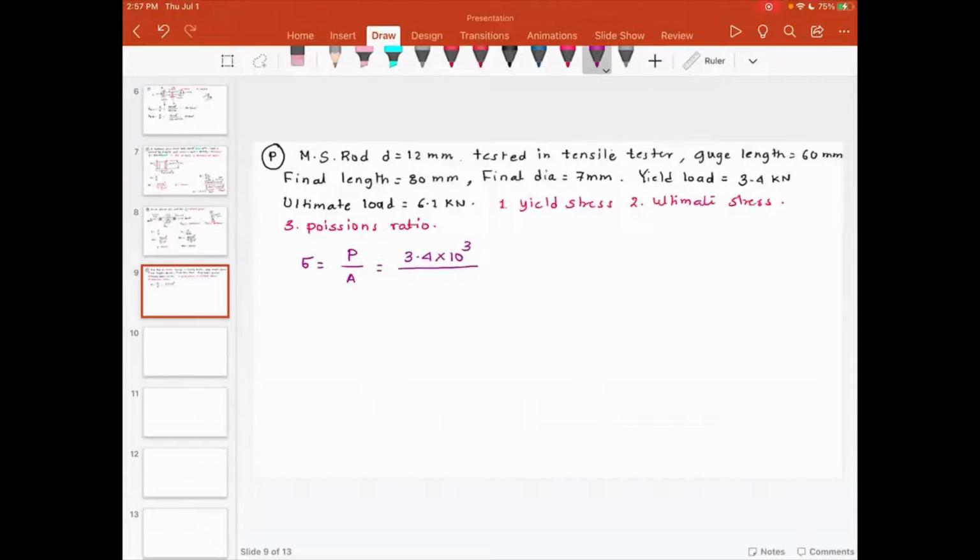The initial area, the material failed at 6.1.